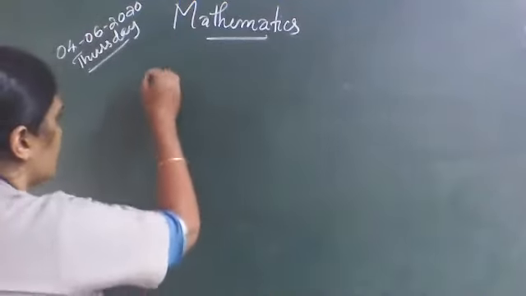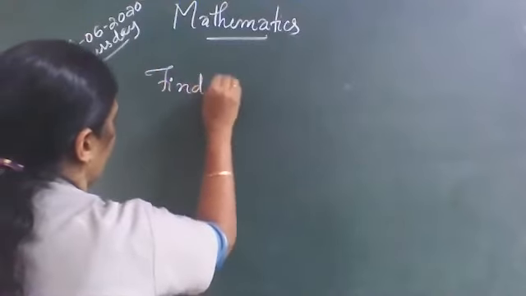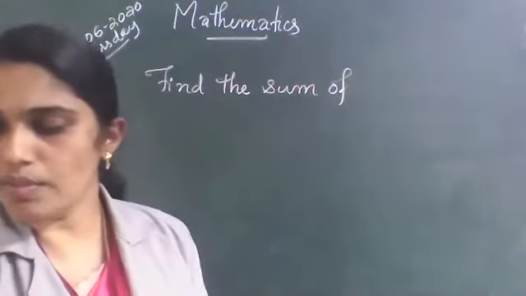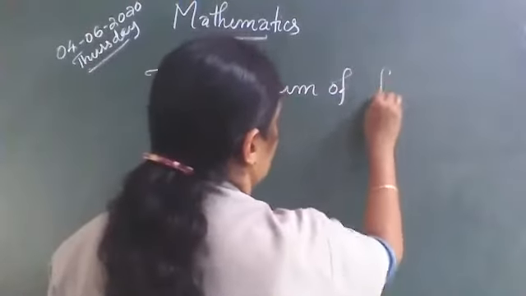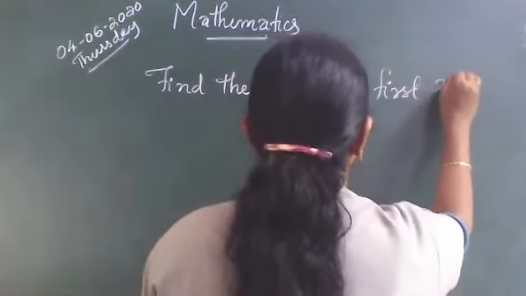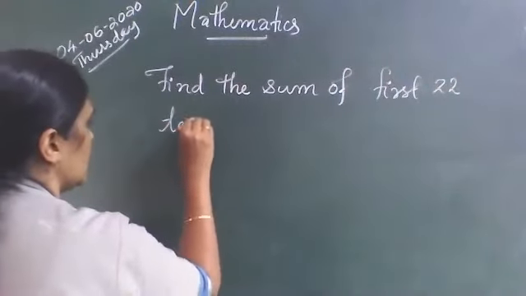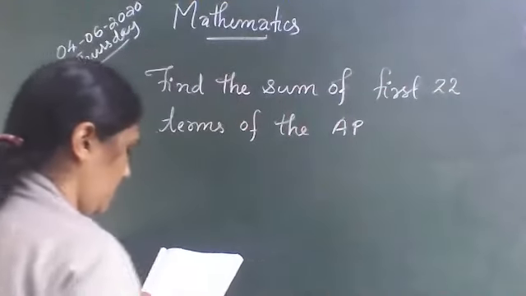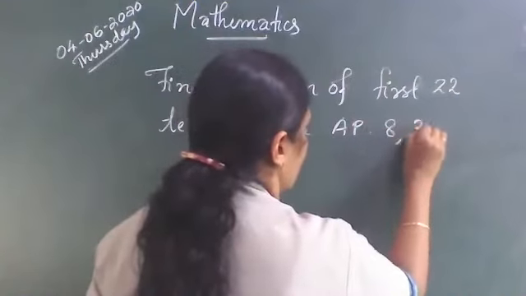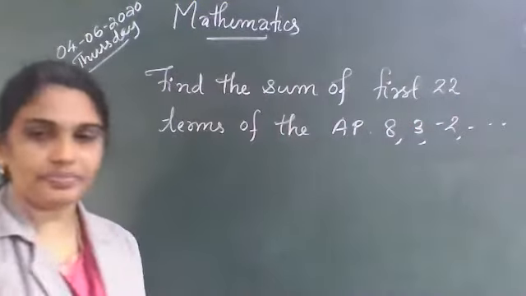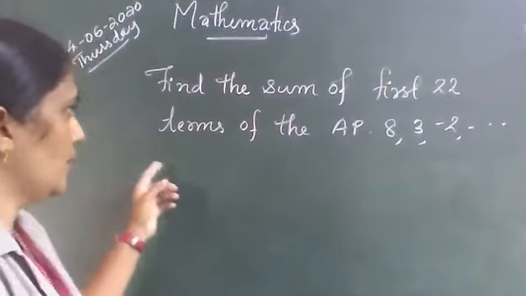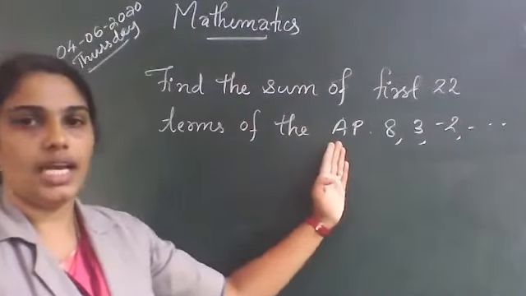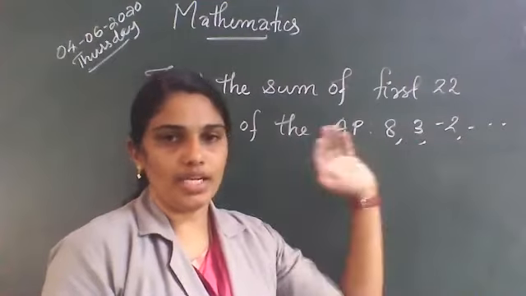First example: find the sum of first 22 terms of the AP 8, 3, minus 2, etc. Here we are going to find out the sum of the first 22 terms of the AP. The AP is 8, 3, minus 2.